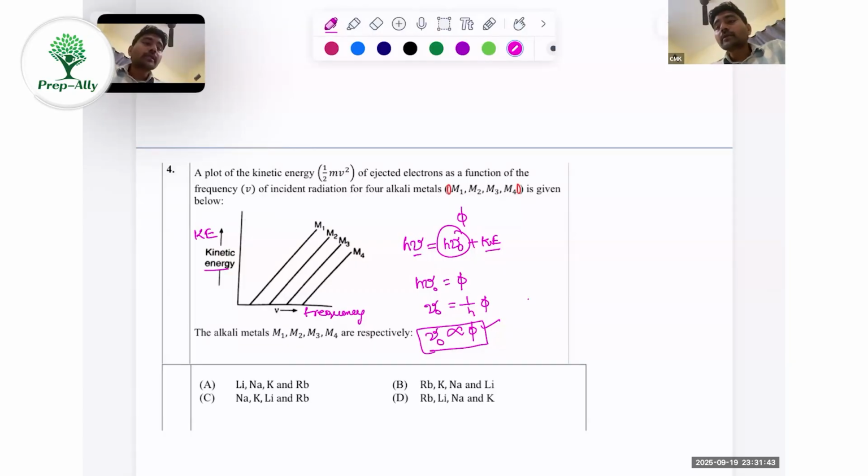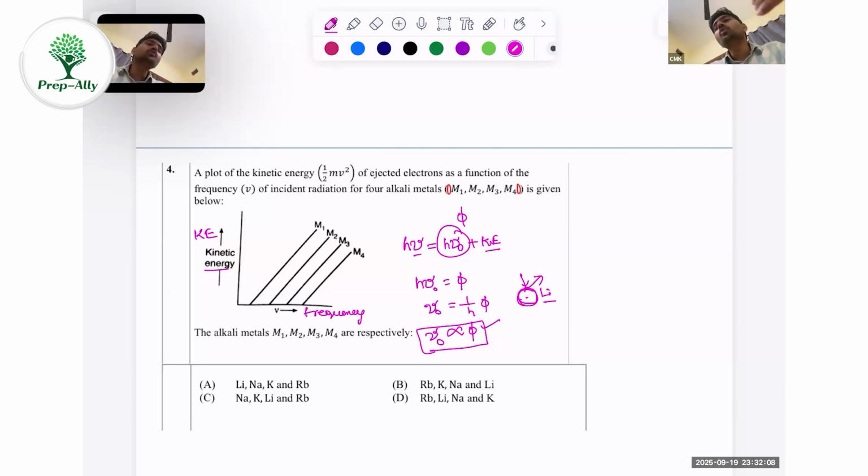So to remove the electron, for example lithium, if you take it, lithium is a smaller atom compared to other alkali metals. So removal of electron from lithium is difficult compared to other alkali metals. Reason: because of smaller size, removal of electron is difficult.